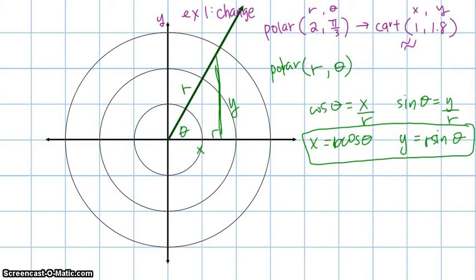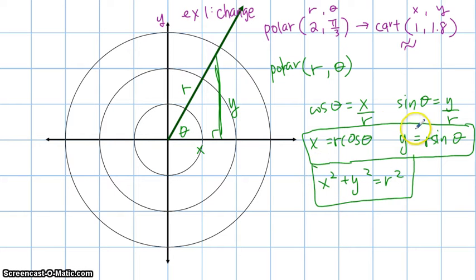Therefore, we have two very general formulas for this. What other formulas do we know in polar coordinates? If each of these rings are circles with a center at the origin, we also know the equation of all of these circles. It's going to be x squared plus y squared equals r squared.